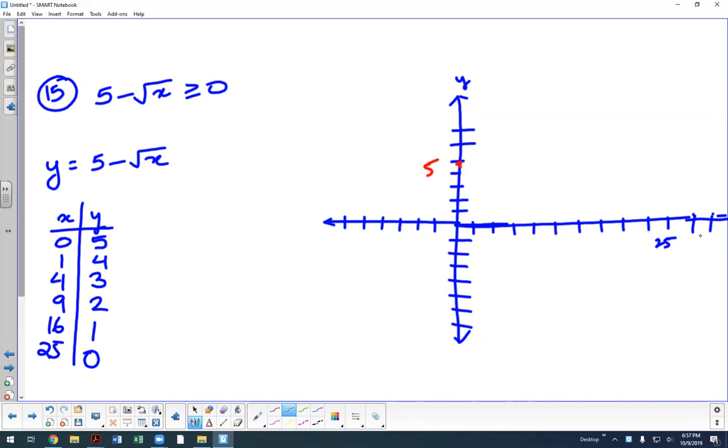So if this is 5 on the y-axis, just make sure you cross at that 25, and then your graph starts going down.